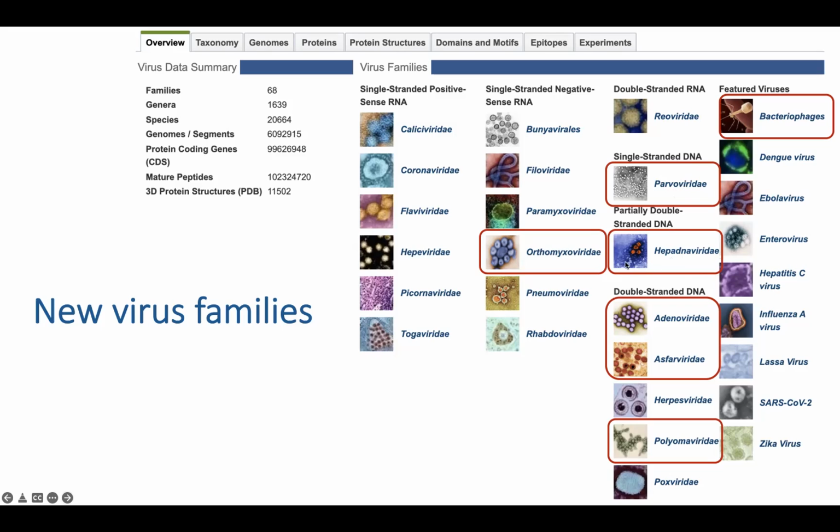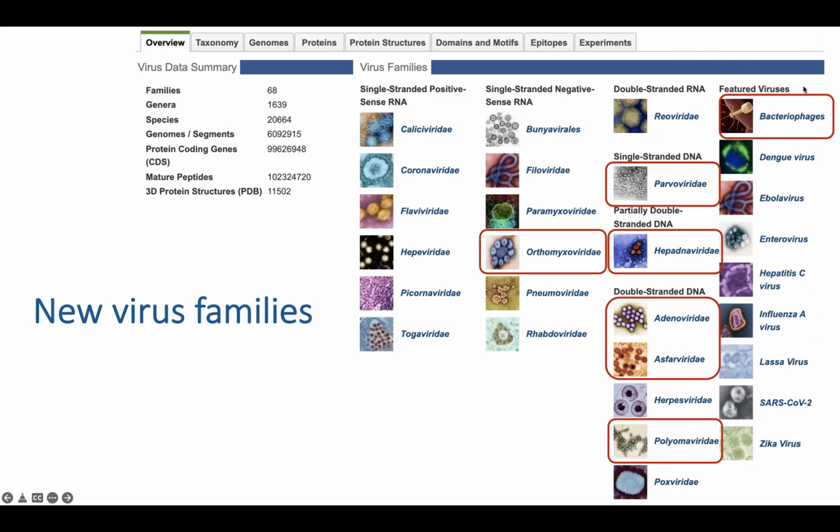And for those of you who don't care about RNA viruses at all and love double-stranded DNA viruses, you're going to be pretty happy too, because we've added three new double-stranded DNA virus families, including adenoviruses, Asfarviridae, which has mainly African swine fever virus, a virus that's expanding quite quickly and is of great importance to the agricultural industry, and the polyomaviruses.